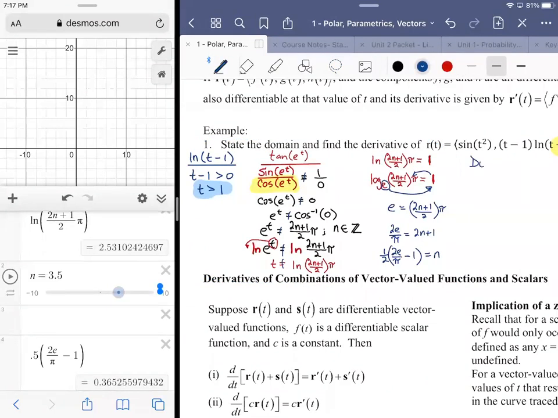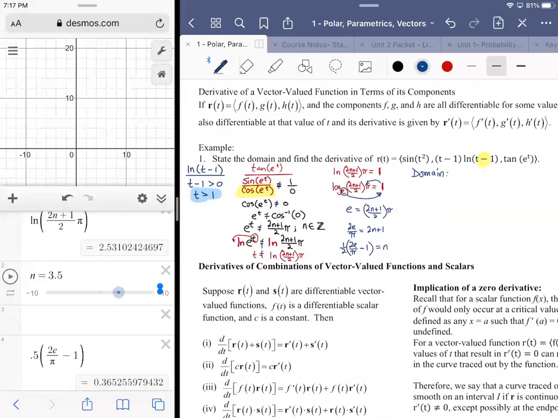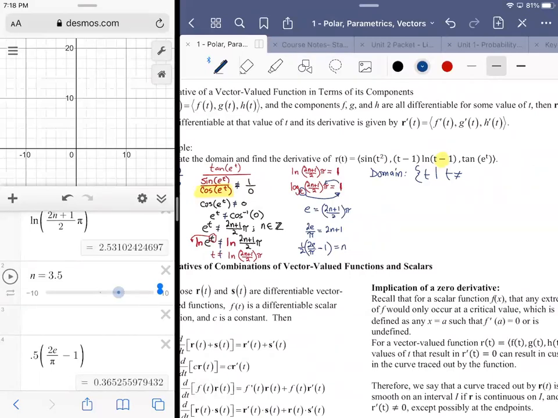So our domain is going to be that we're dealing with t values, if I can make a squiggly bracket, t values such that t cannot be equal to ln of 2n plus 1 over 2 pi. All right. So that's t with a vertical line. That's our such that. Let me make that look more like a t there.